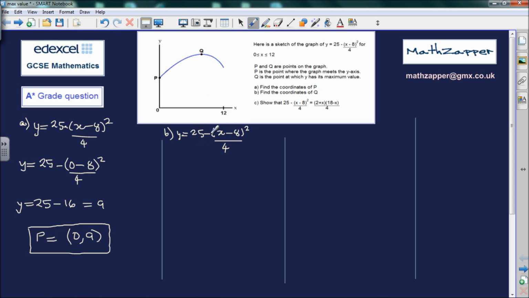In other words, this part over here, (x minus 8) all squared divided by 4, has got to equal 0. And for that to happen, x must equal 8, as 8 minus 8 is 0, 0 squared is 0, 0 divided by 4 is 0. So we can say that Q is x is equal to 8 and y is equal to 25.